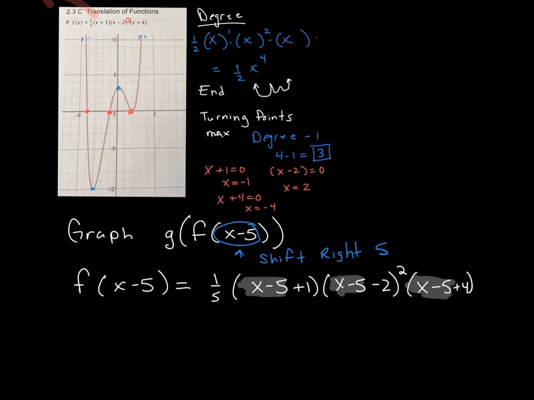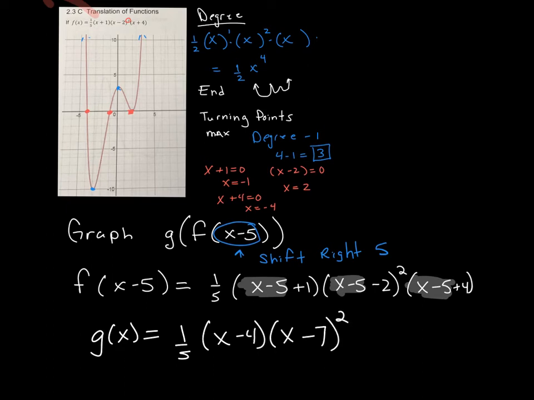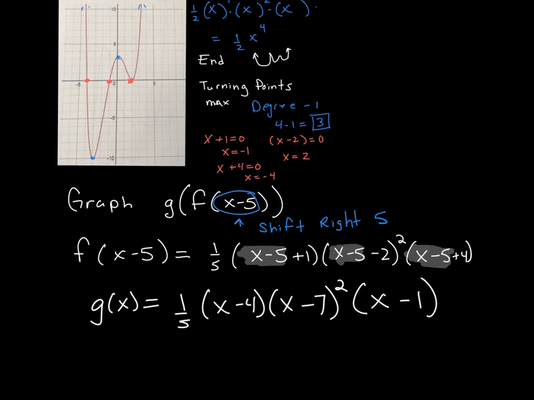All right, so what does that look like? So g of x is equal to 1/5 times x minus 4 times x minus 7 quantity squared times x minus 1. That gives us new zeros for our new graph at x is equal to 4, x is equal to 7, and x is equal to 1.